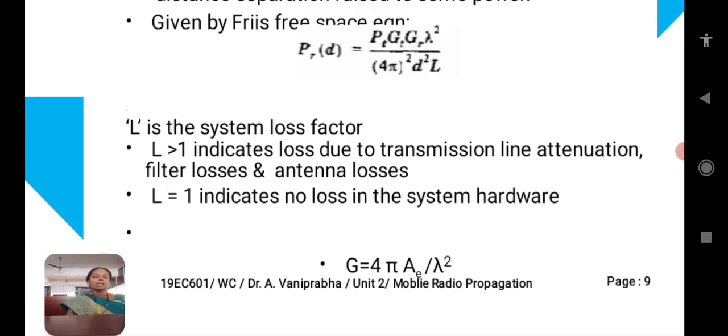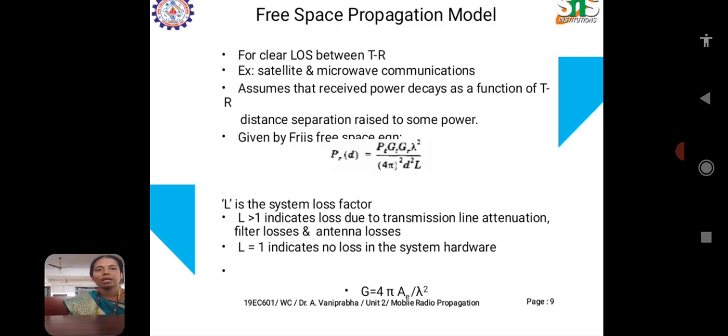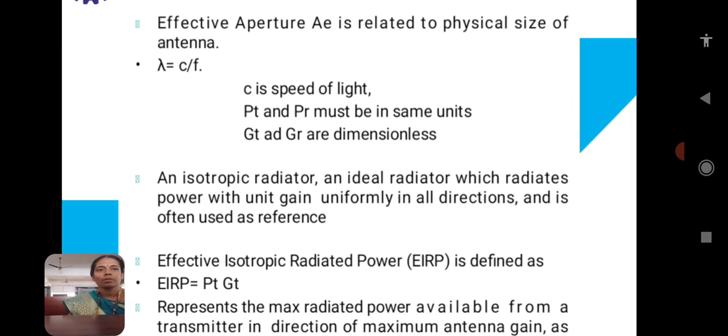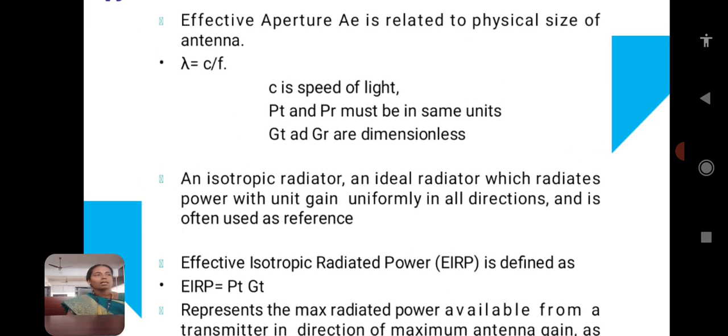The gain can also be referred to in terms of the physical structure of the antenna. G is equal to 4 pi Ae by lambda square, where Ae is the effective aperture of the antenna. Lambda is the wavelength of the signal and it always depends on the frequency of the signal.